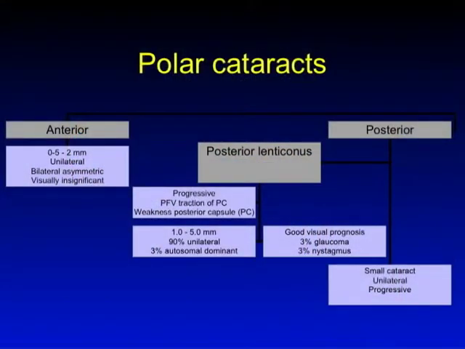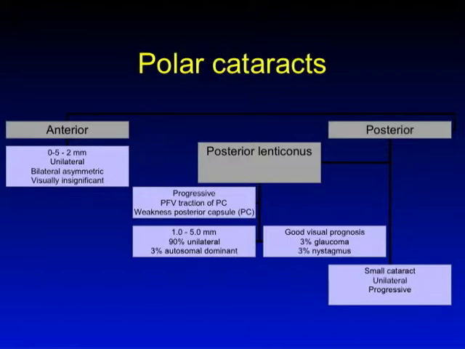Polar cataracts. Anterior polar cataracts are usually associated, I would never say always, but almost always, with persistent pupillary membranes. Posterior polar cataracts have a name, what is called posterior lenticonus. And posterior lenticonus is usually an acquired asymmetric cataract. Of all the pediatric cataracts, it is usually the one associated with the best visual prognosis because it's a late onset cataract.